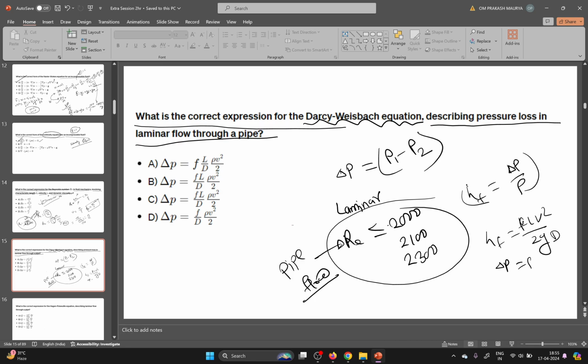Your rho g will be this side, f rho L V square by 2 g D. Actually here rho g, remember. So g will be cancelled. f L V square by 2D. So option A is correct for that.